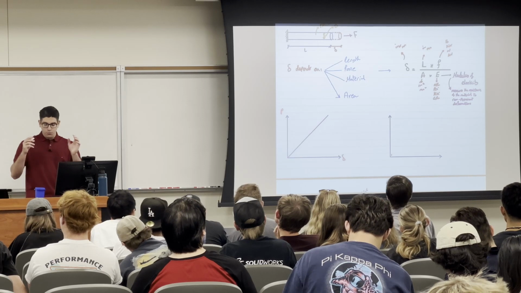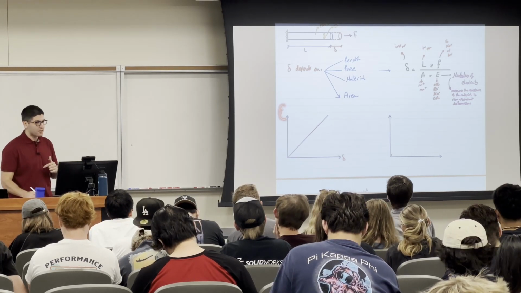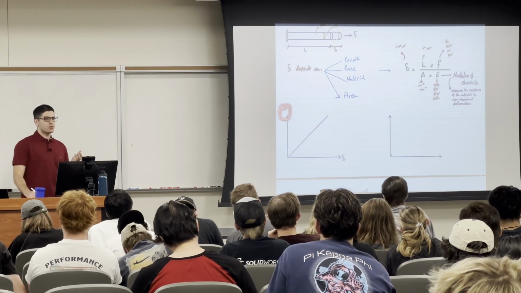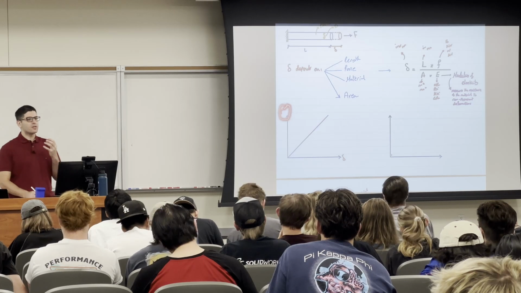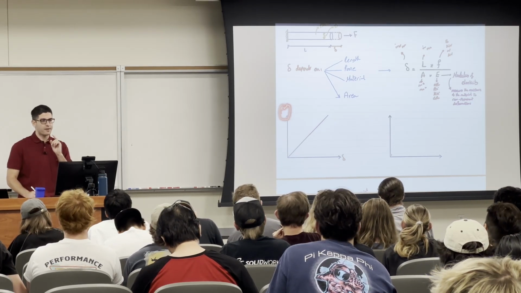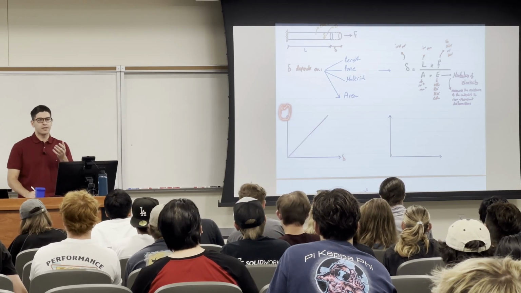So let's combine what we explained in the last lecture and what we explained now. Let's talk about P. Does P indicate anything? Yeah, P is the force. So if I want to make this force indicate intensity, what should I divide this force by? Area, to make it stress, right?